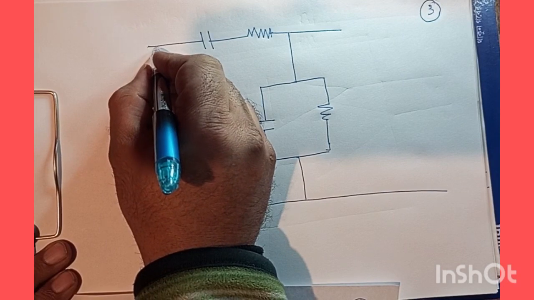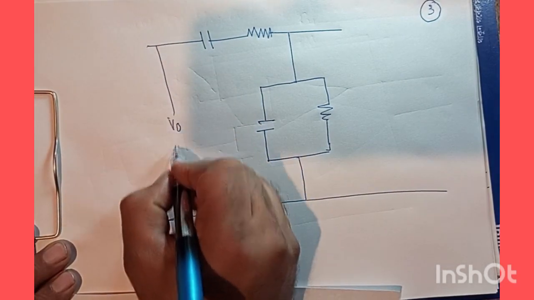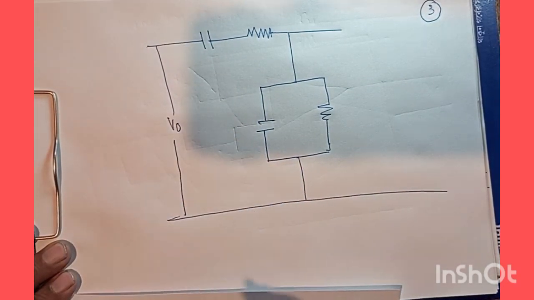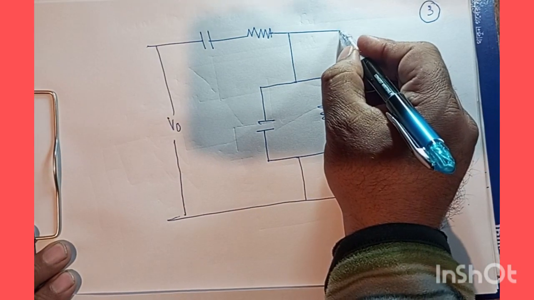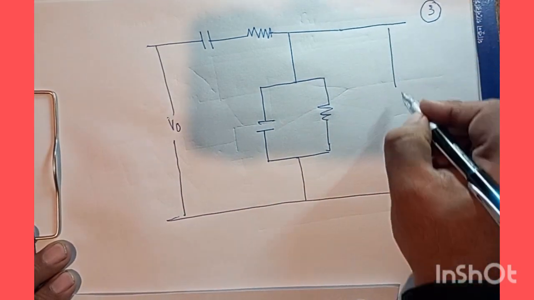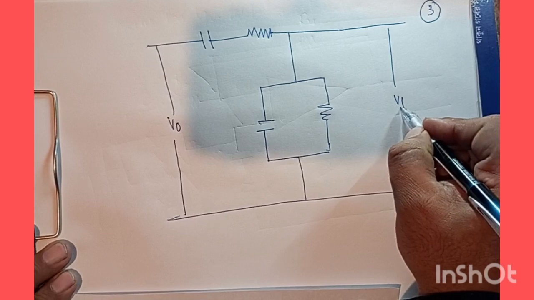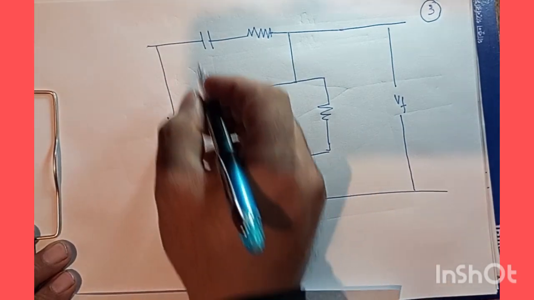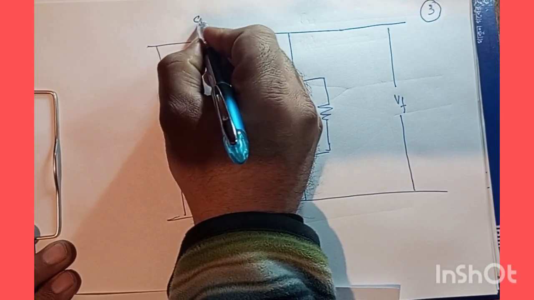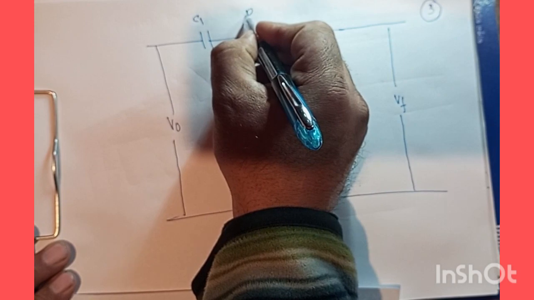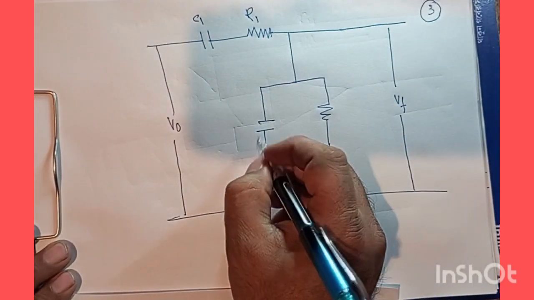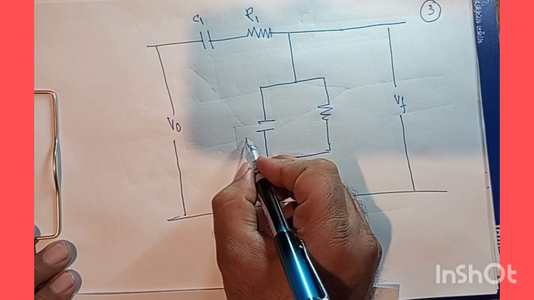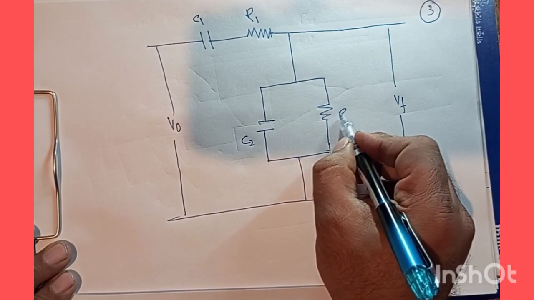Now, this is part of the output of the operational amplifier, and this is the V feedback that we are subjecting back to the operational amplifier. And this is my C1 and this is my R1, and this is my C2 and this is my R2.